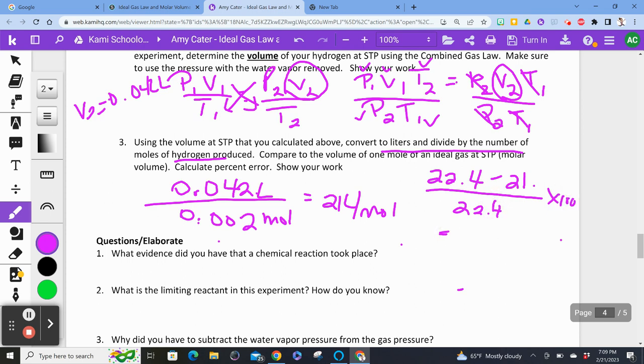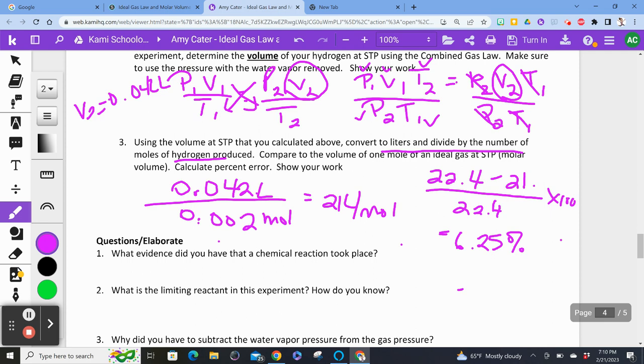And that's how we get our percent error. So 22.4 minus 21 divided by 22.4 times 100. We are 6.25% off. So that's how you would calculate the percent error there.